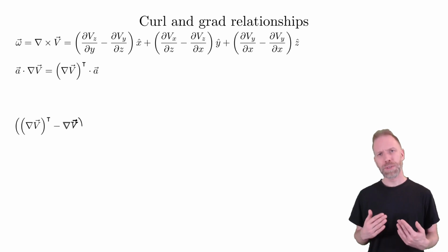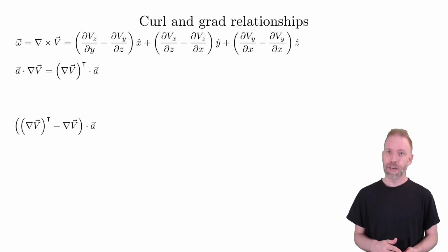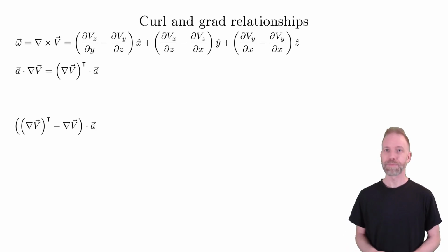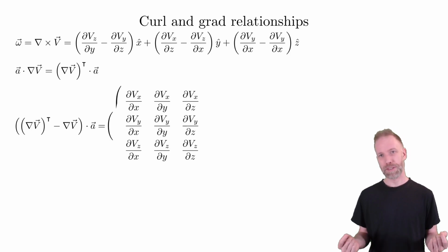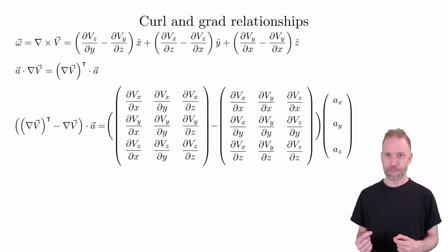Now, I want to use this to evaluate what happens if I take the difference between the transpose of the vector gradient and the vector gradient, dot A. Start by typing out the matrices. Tensor subtraction can be performed element by element.